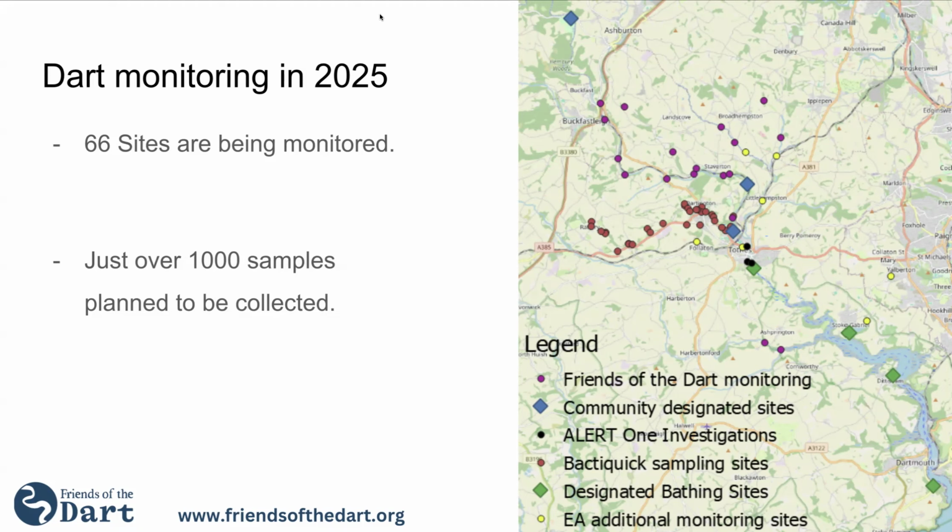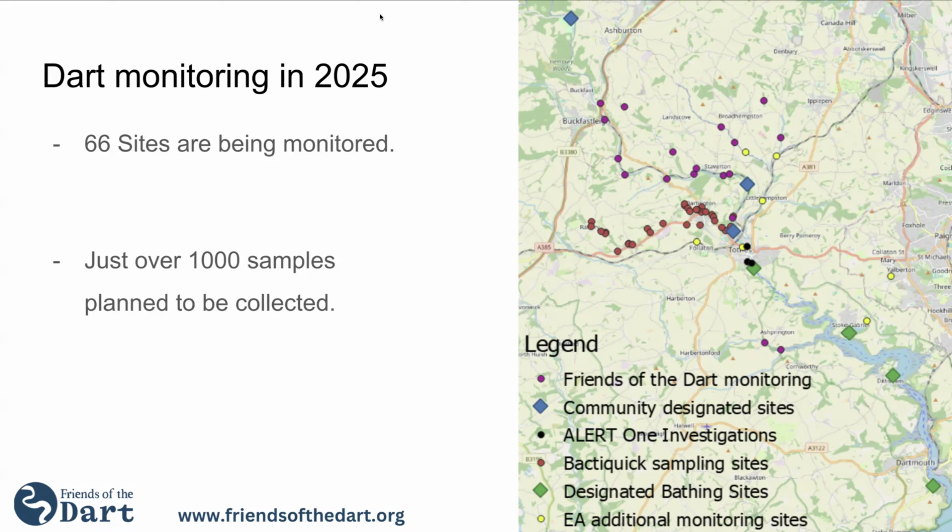So in terms of the bacterial data that we got, at the sites that we've been monitoring, the findings were pretty much the same. The high concentrations are in the same place, the low concentrations in the same place. But they'd done quite an extent. I think it's their enhanced bathing water monitoring program or something. They did have a lot of samples in other tributaries, so the Hems, for example, the Ashburn, the Mardle.